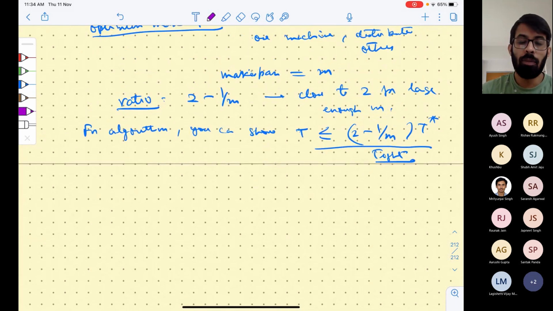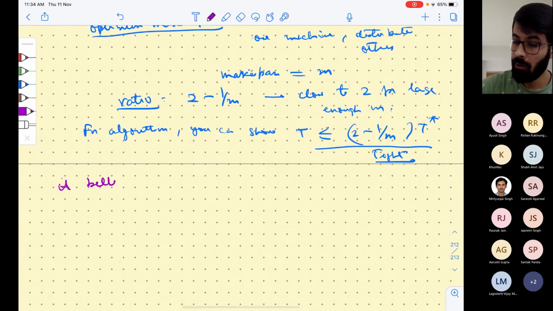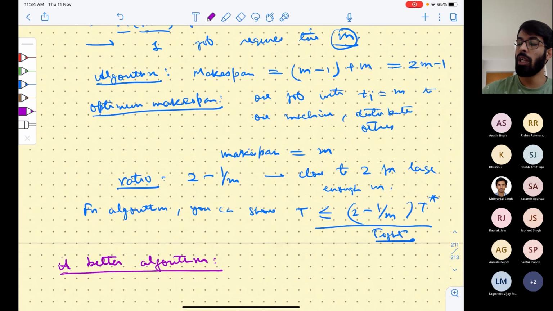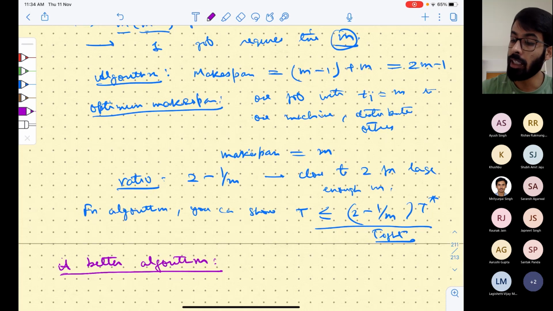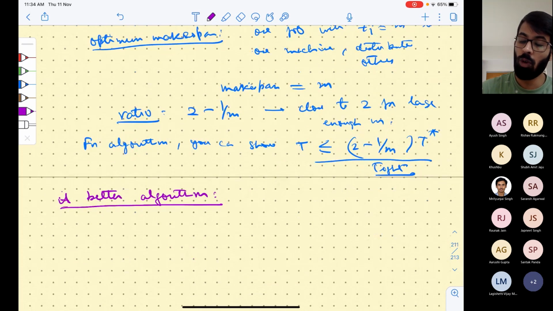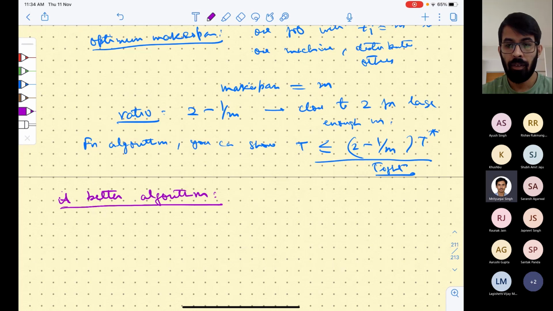Okay, good. So this algorithm does not improve, but what about a better algorithm? What were we doing wrong in the algorithm with this counterexample that we got away from the optimum? If we want to handle this counterexample in a nicer way, what could we do? Maybe sort. Exactly.